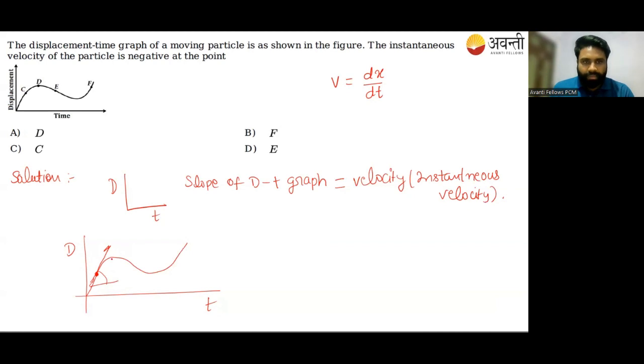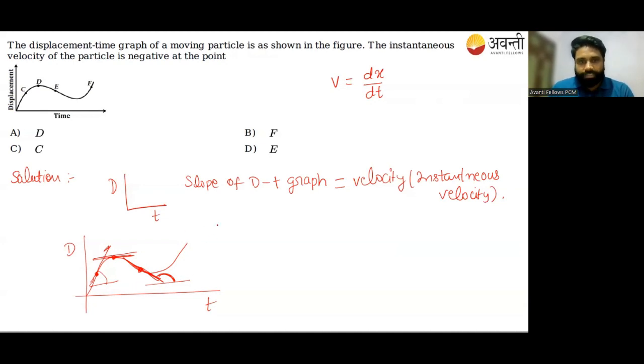At point D, if I draw the tangent, it has zero slope because it is making zero angle with the axis. Now what about point E? Point E has a tangent like this, which subtends an obtuse angle, greater than 90 degrees. So this point has the negative slope.